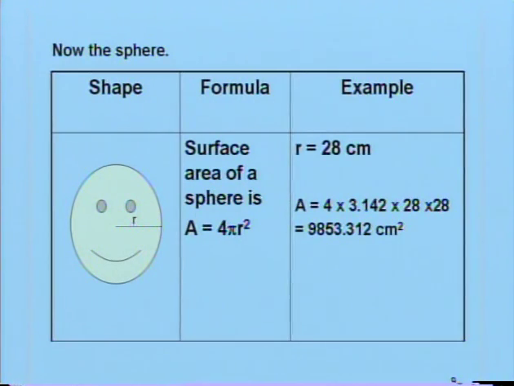So the surface area is equal to 4 times 3.142 times 28 times 28. When you plug these values in your calculator, you will end up with a result 9,853.312 centimeters square.